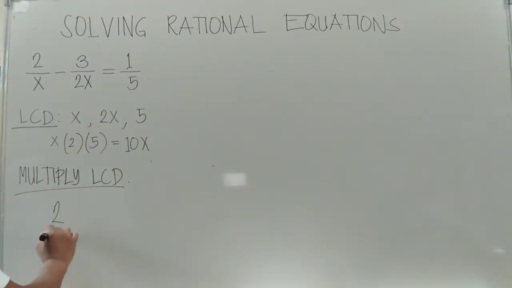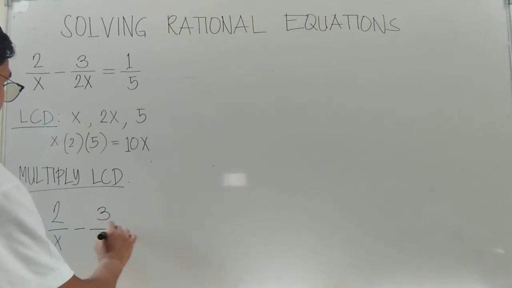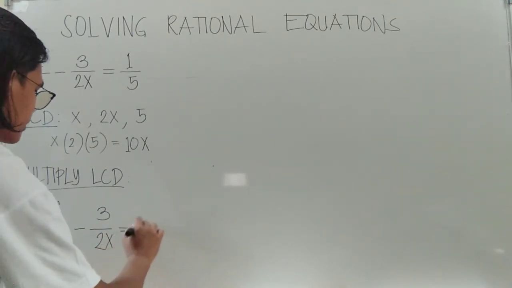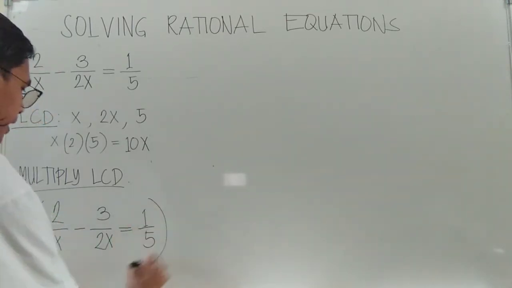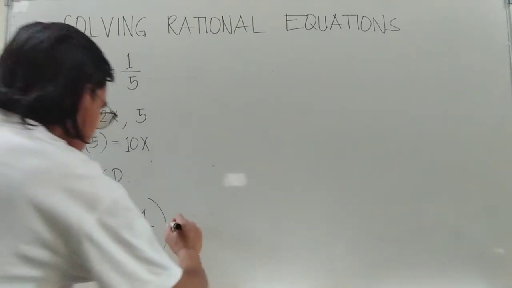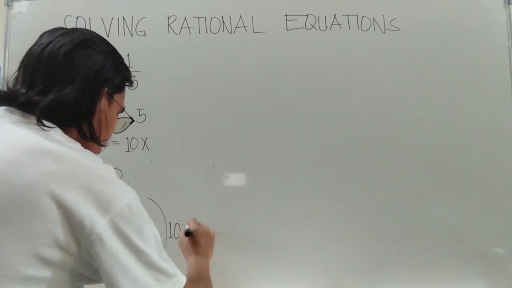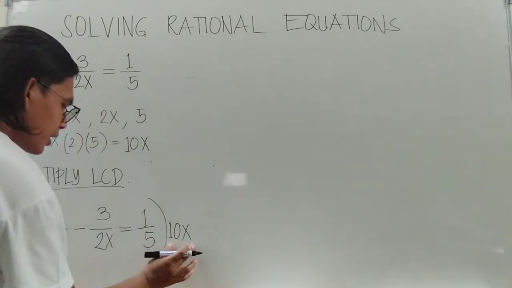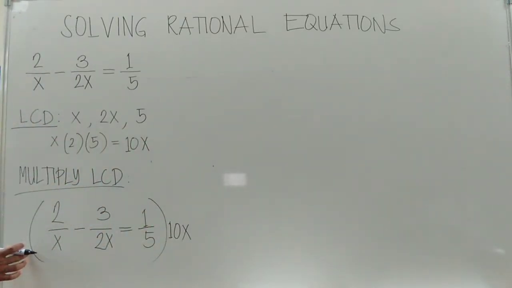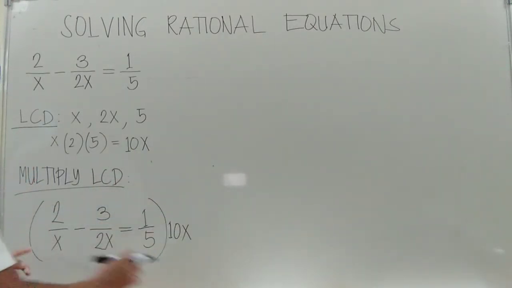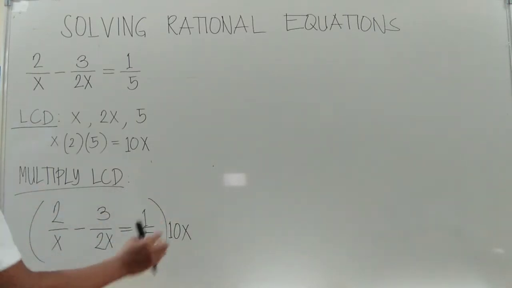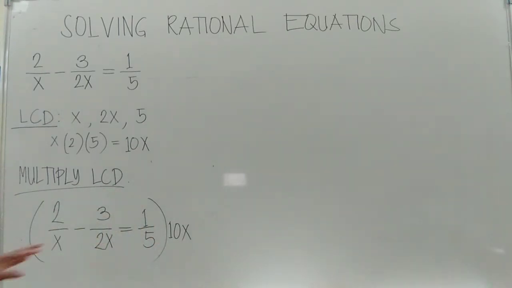Copying your given equation, we have 2 over x minus 3 over 2x equals 1/5. Then multiply your LCD to the whole equation, so we have 10x. Just see to it that you have your parentheses, which means it will be distributed to all the terms of your equation.